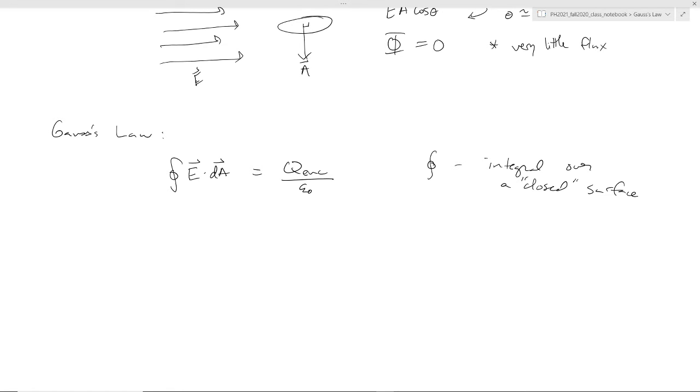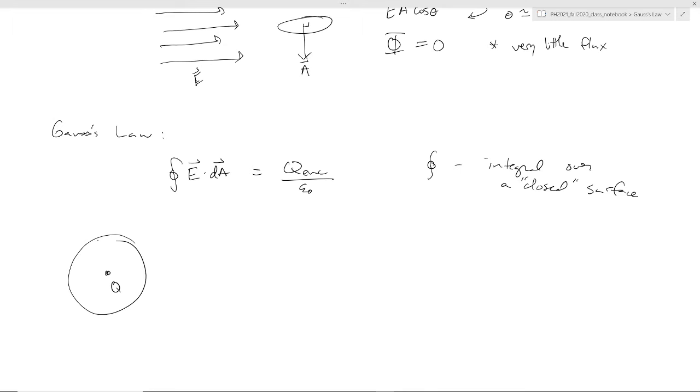So let me show you the first couple of examples so we can connect back to what we've already been doing. Imagine we have just a point charge hanging out. For a point charge, we could use a spherical surface.